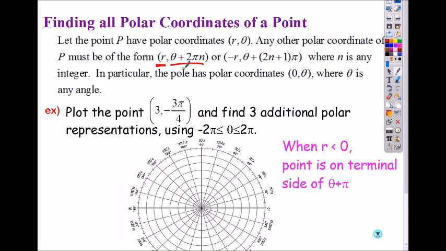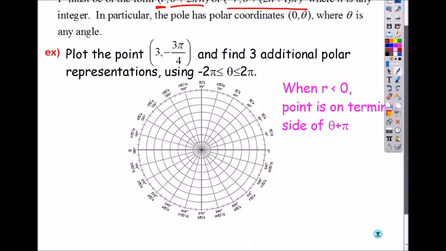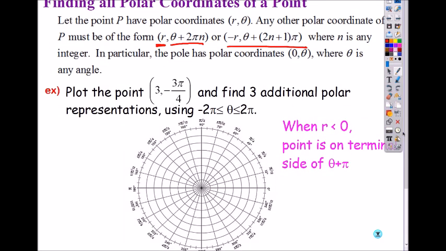And what else you can do is make your radius negative. If you make the radius negative, it means you go to the other side of the pole. So if you have an angle here, a negative radius refers to the other side of the pole. Okay? Let me show you with an example.